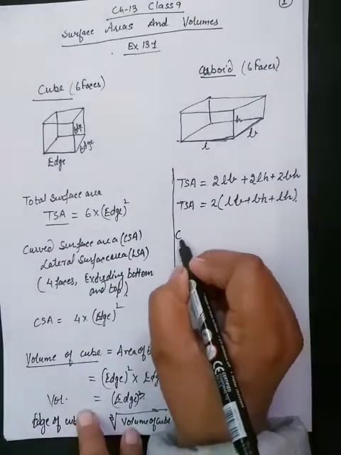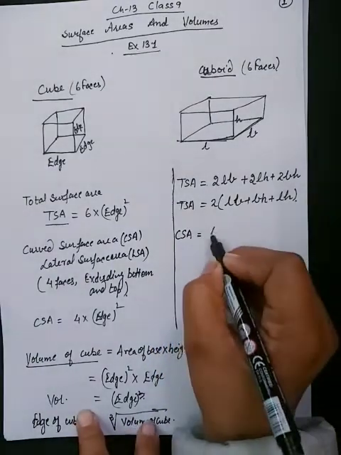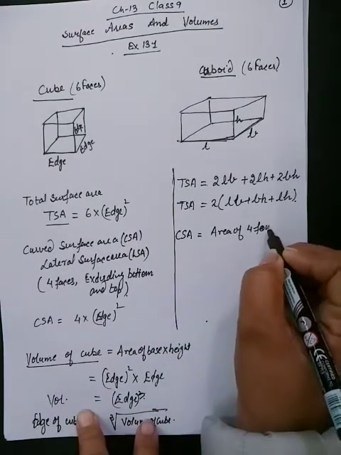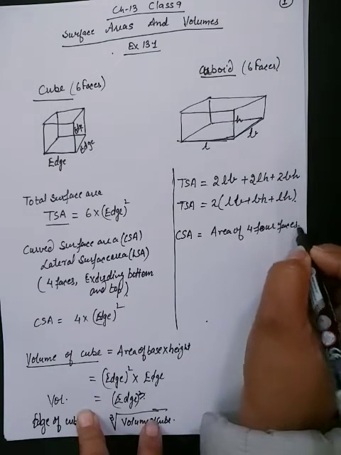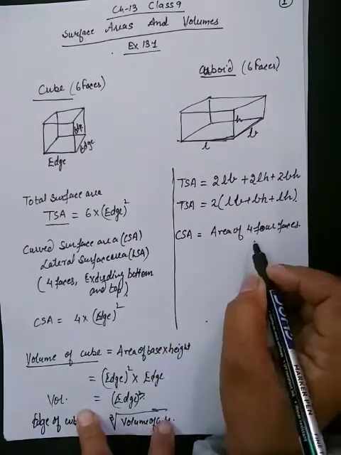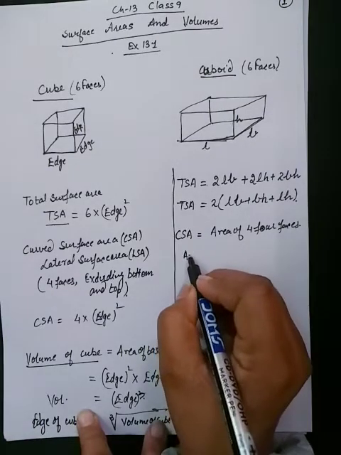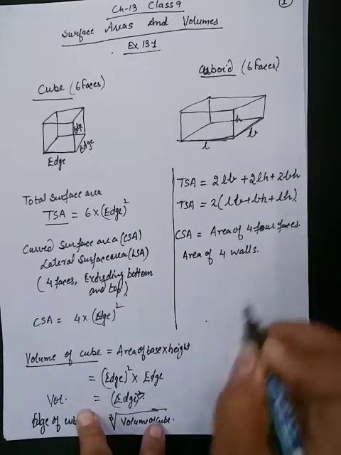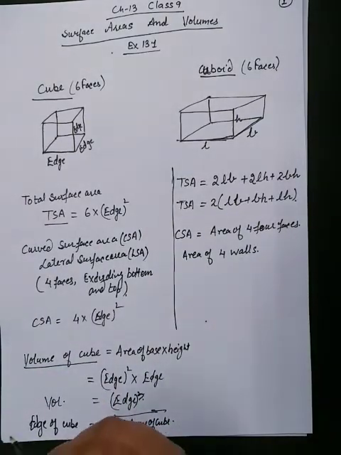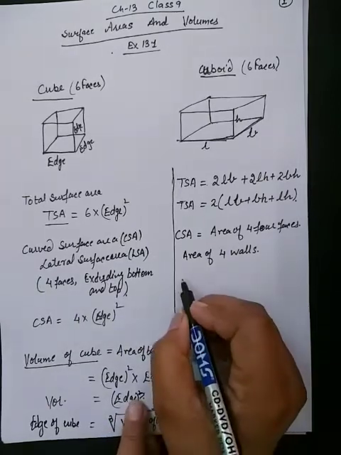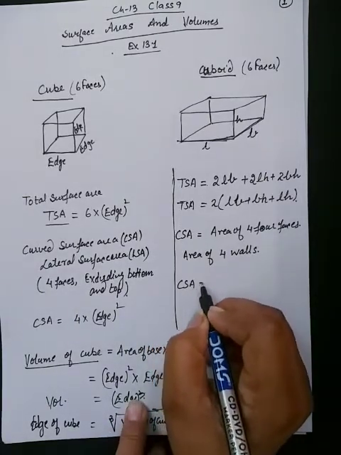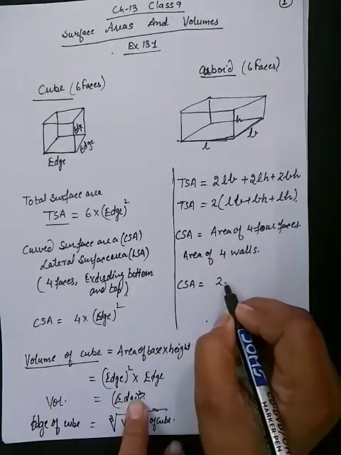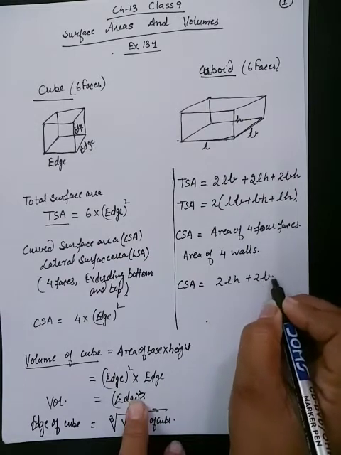Now we have to find its CSA. CSA means the area of 4 faces. The CSA of a cuboid is also known as the area of 4 walls. 4 walls means when top and bottom are excluded. So its CSA will be, 2 LB, this area is subtracted, so it will be 2 LH plus 2 BH.